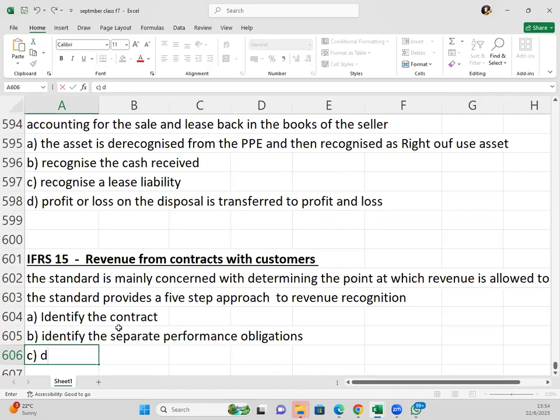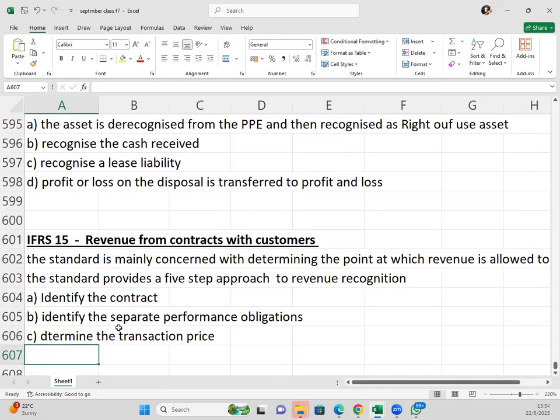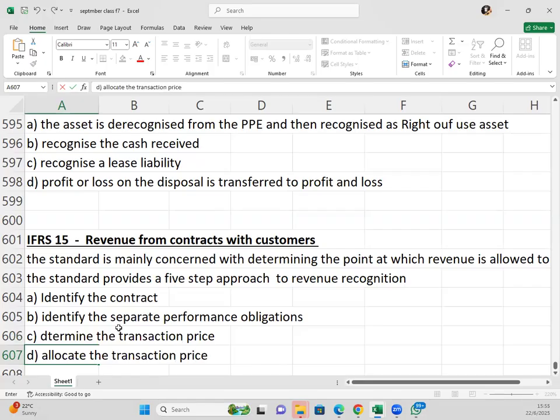You need to determine the transaction price. And you need to allocate the transaction price to the performance obligations.